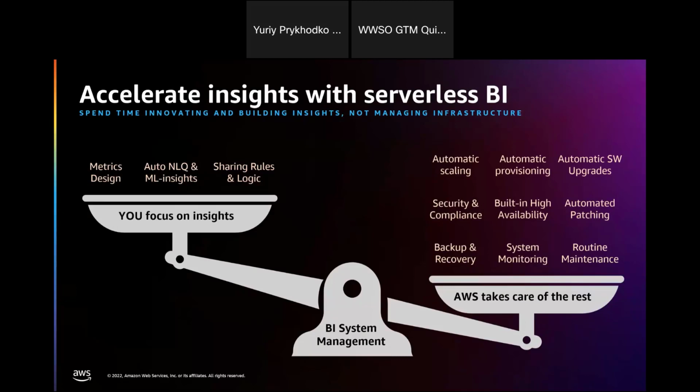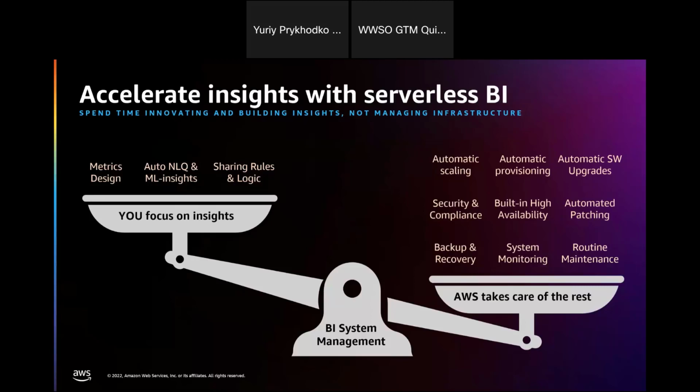And all these legacy tasks that you had to work on, like scaling, provisioning, being in charge of a software upgrade, all that now AWS takes care of. All these heavy tasks, because that is the key of a serverless architecture. AWS takes care of all this scaling.